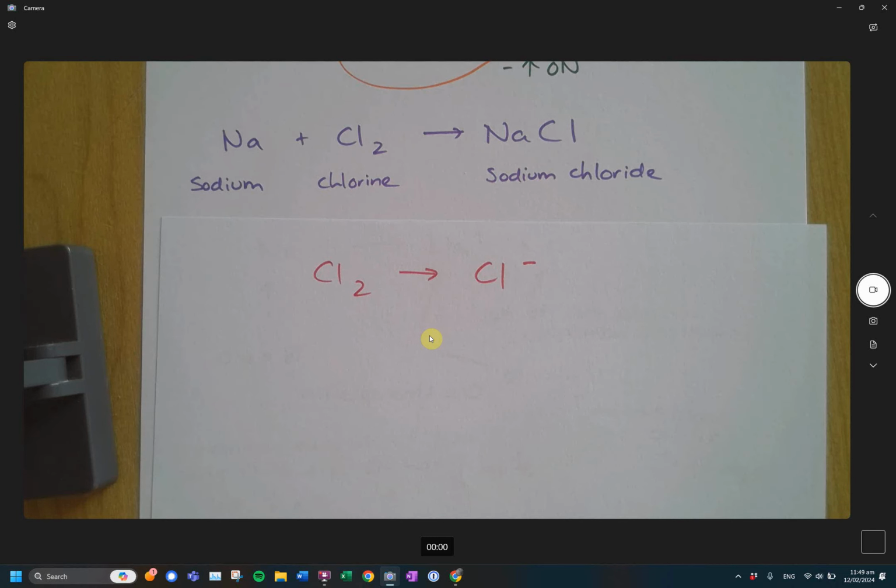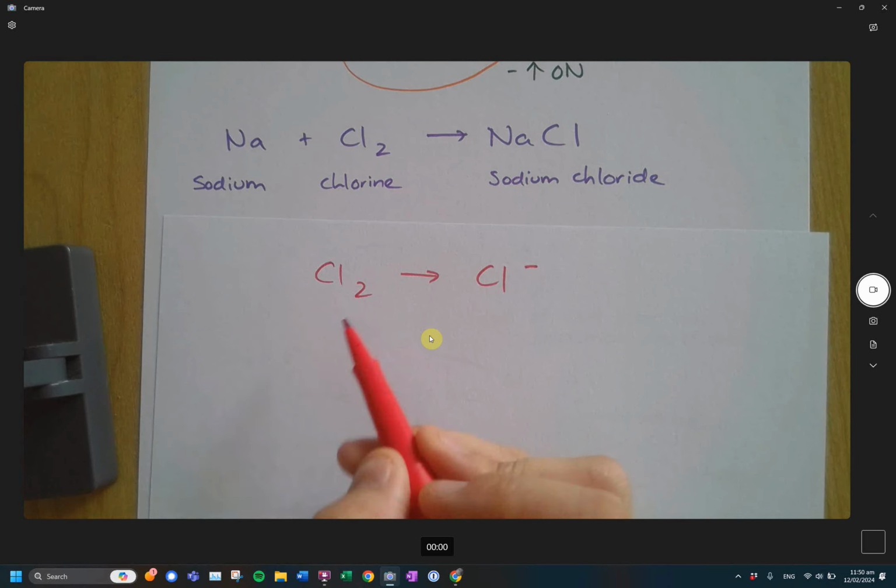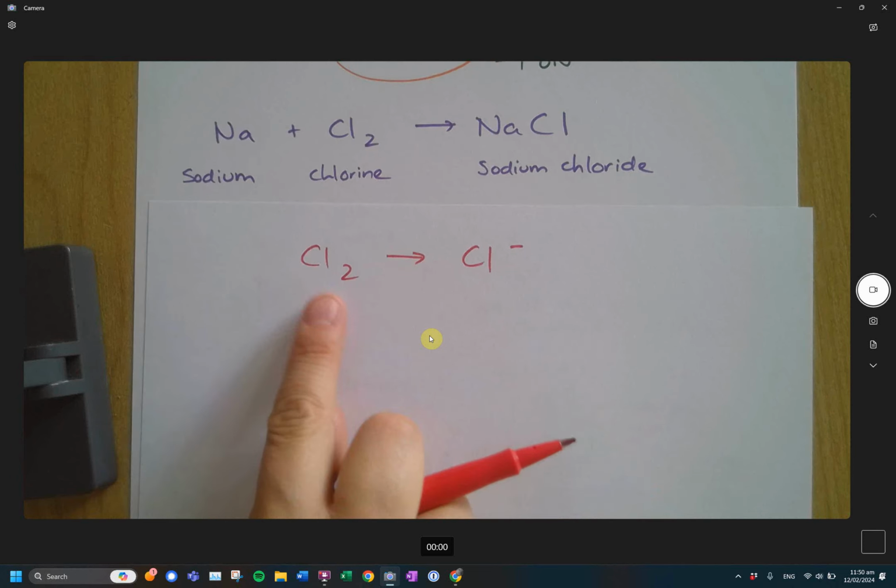All right, now one of the things we have to keep in mind when we're looking at this equation here is that it's not balanced. We need to balance it. So if we're looking at this one here, I see my chlorine has a 2 behind it. Remember that 2 behind applies to everything in front. So basically for a chlorine molecule, there's 2 chlorine atoms there.